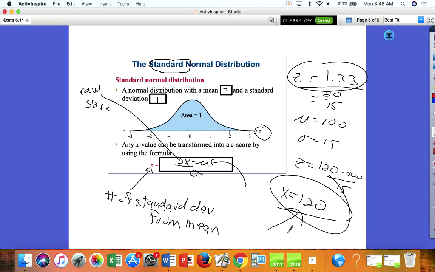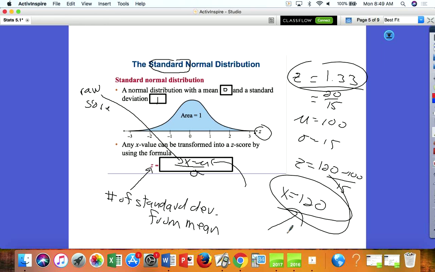So let me give you this discussion. Let's say that you score a 120 on your IQ test. What percent did you do better than? Well, the table will tell you that. Now, the table is a table of z-scores.